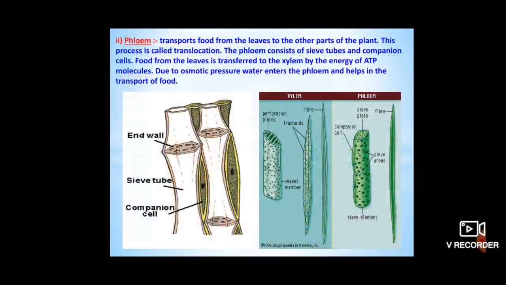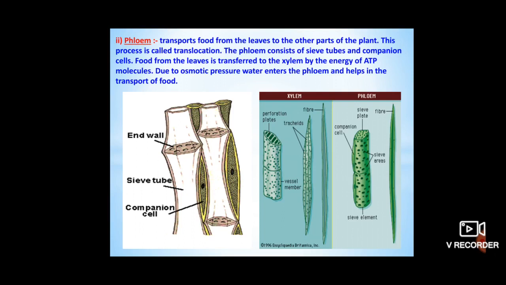One more thing, that is the phloem. The phloem helps to transport the food particles from the leaf to all the parts of the plant body. This process we call translocation. So what is the difference between transpiration and translocation? Children, understand this.